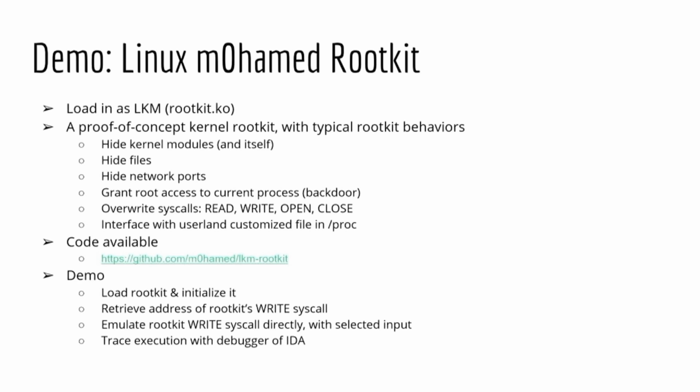In the demo, we emulate this write system call directly with some selected input, and we trace all the activities of this rootkit with the debugger IDE. So here I have the video demo.